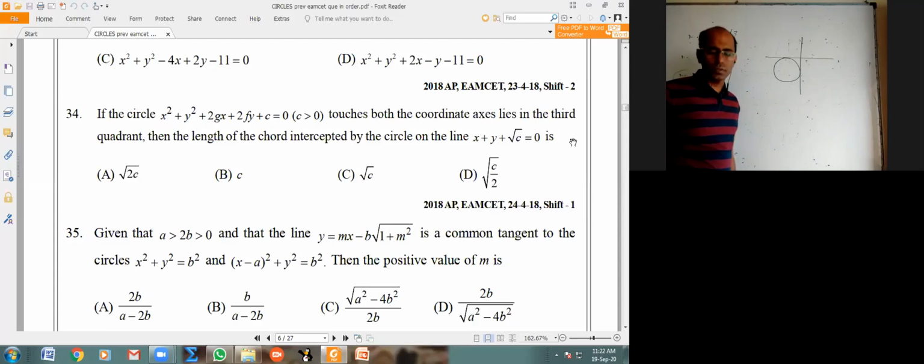In a circle equation, what does the constant give you? If constant is there, it doesn't pass through the origin. Yes. But as you change the constant number, what property of the circle is changing? Radius will change.